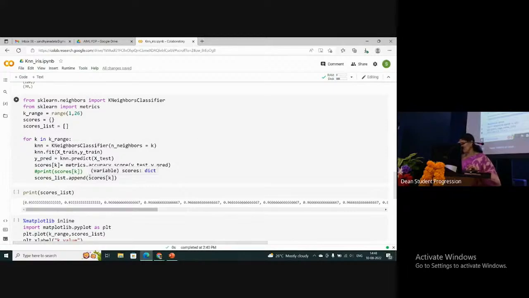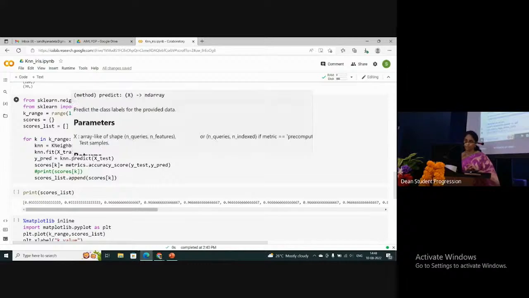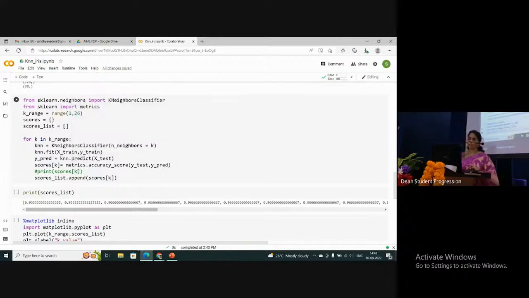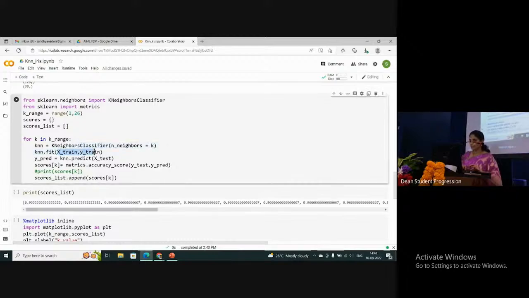Now, when you're using this model, it will try to find the nearest neighbors, and your k value is also decided. So finding the nearest neighbors is the NN that you are trying to apply here. Now, knn.fit(x_train, y_train). Here I am sending the training data.